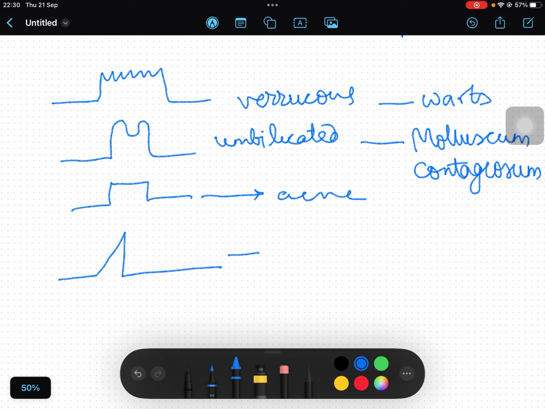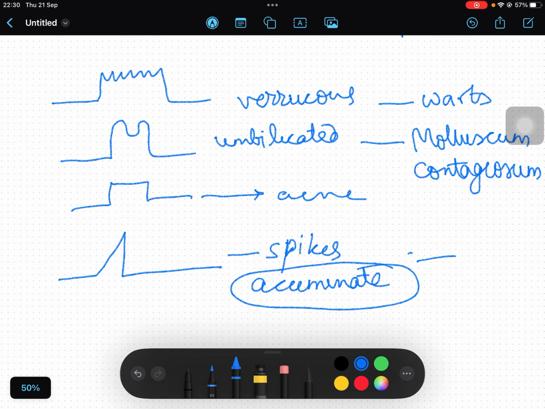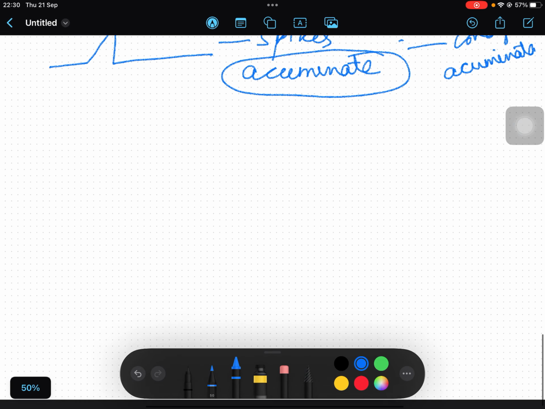Papules having spikes are called acuminate papules, and these are typically seen in conditions like condyloma acuminata, that is an STD. So this is all about papules.